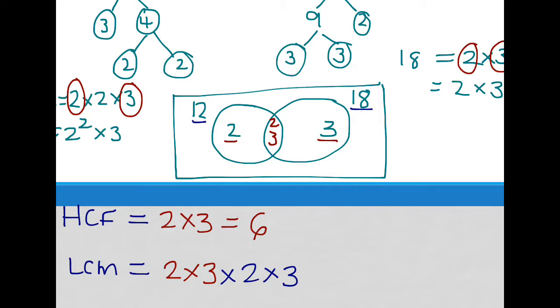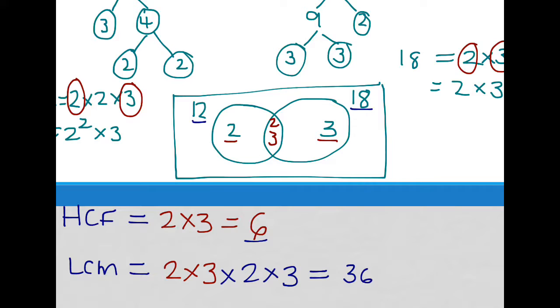So the first parts, again, just going through that in red, are found there. And these parts in blue are taken from this 2 here and this 3 here. It just happens that they repeat. That's not always going to happen. It just happened in this example. And working that out, we have the answer of 36.